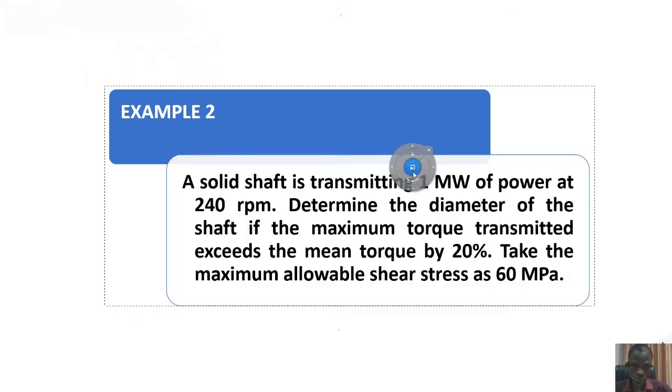Okay, so we have the next one here, and it says a solid shaft is transmitting 1 megawatt of power at 240 RPM. Determine the diameter of the shaft if the maximum torque transmitted exceeds the minimum torque by 20%.